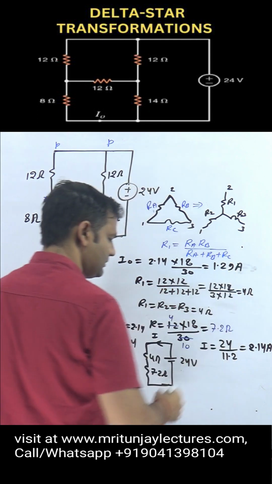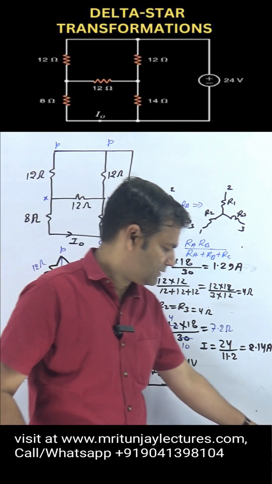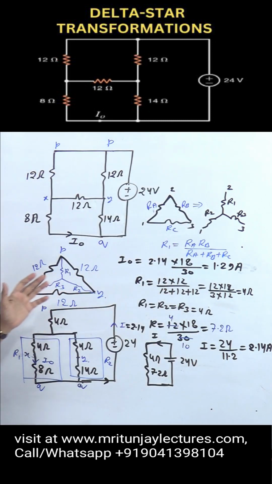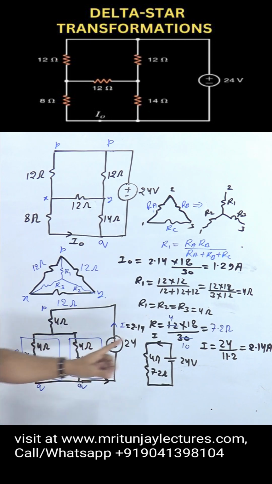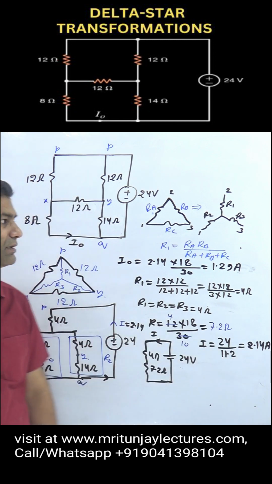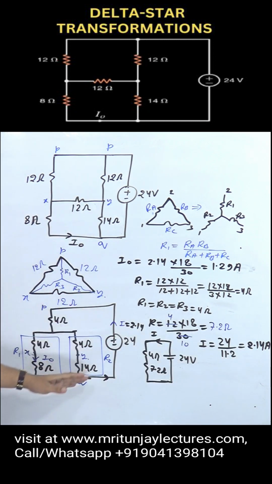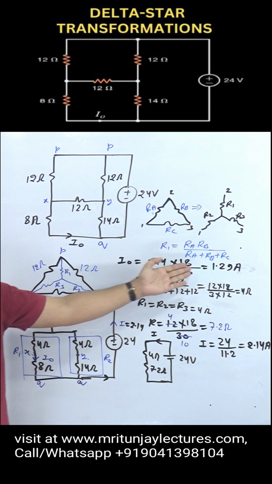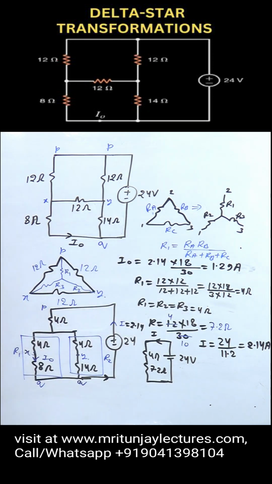Clear or not? Very simple way. So this one is 2.14 ampere, and applying the current divider rule here, we got I naught as 1.29 ampere.